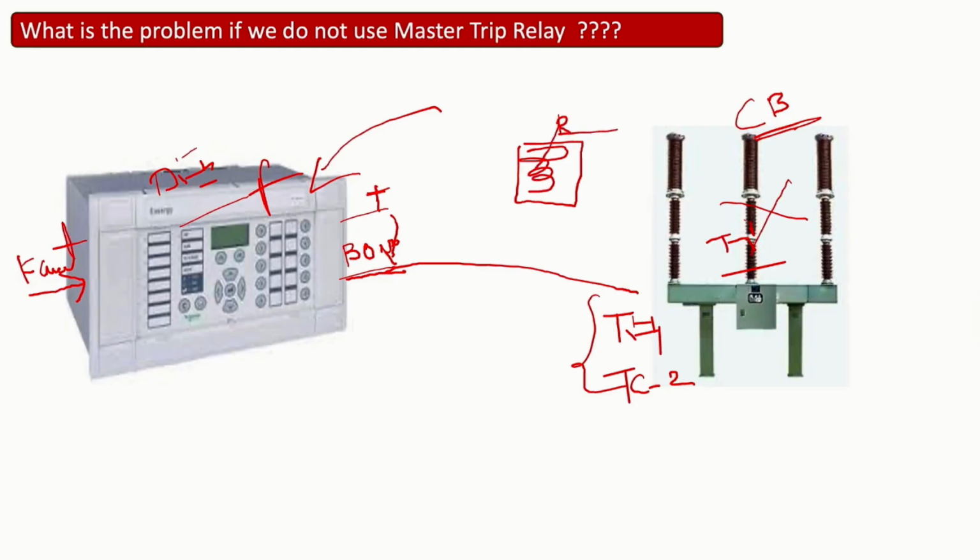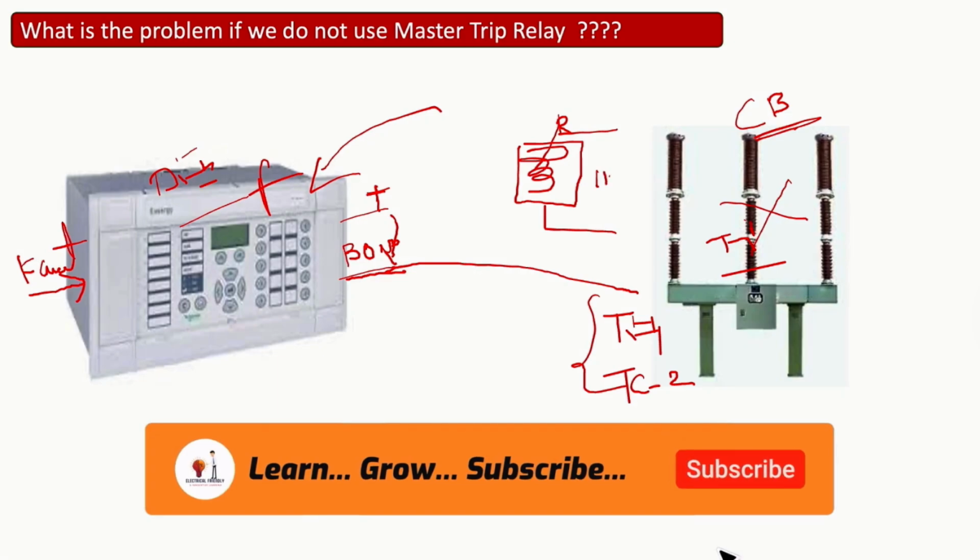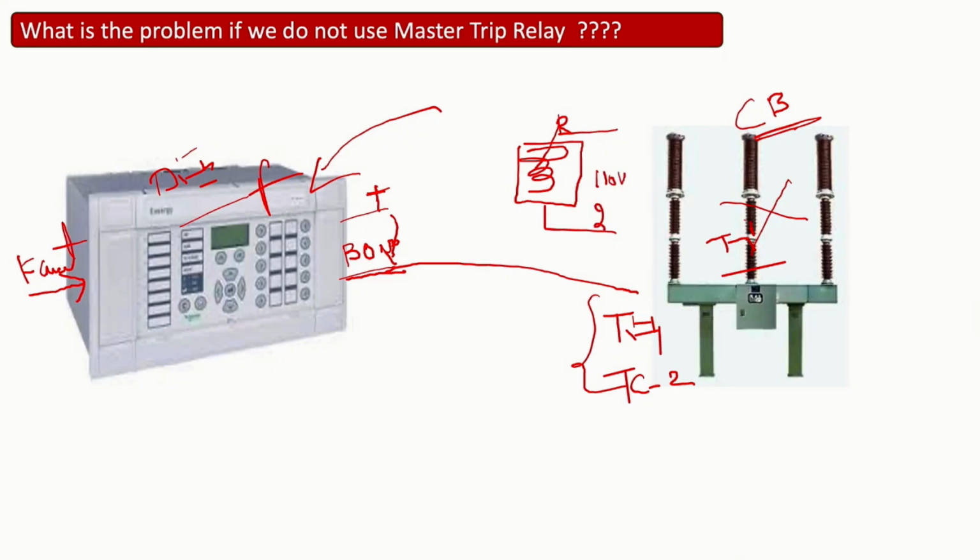How much voltage is there across the coil? So, our DC is 110 or 220, whichever is our system's voltage. So, 110 or 220, depending on our system, we will get that voltage across it. So, what happens is that V equals IR, so I equals V/R, right? So, current will flow across the coil.